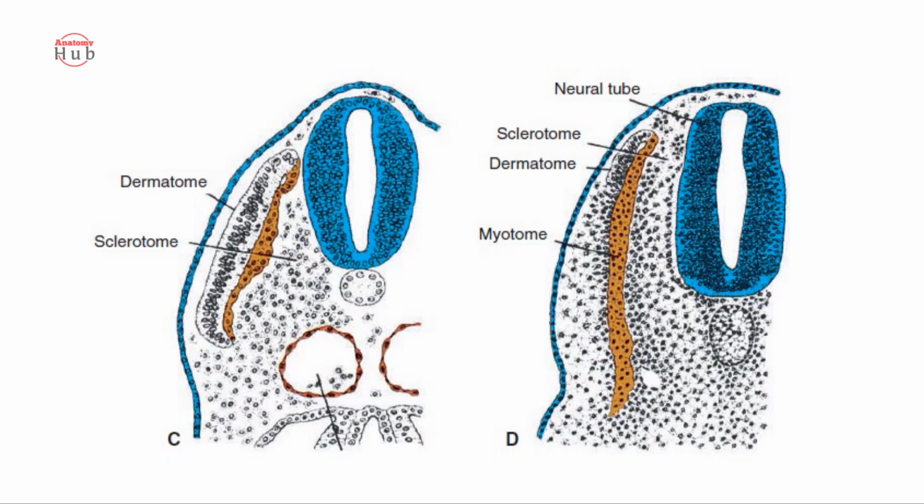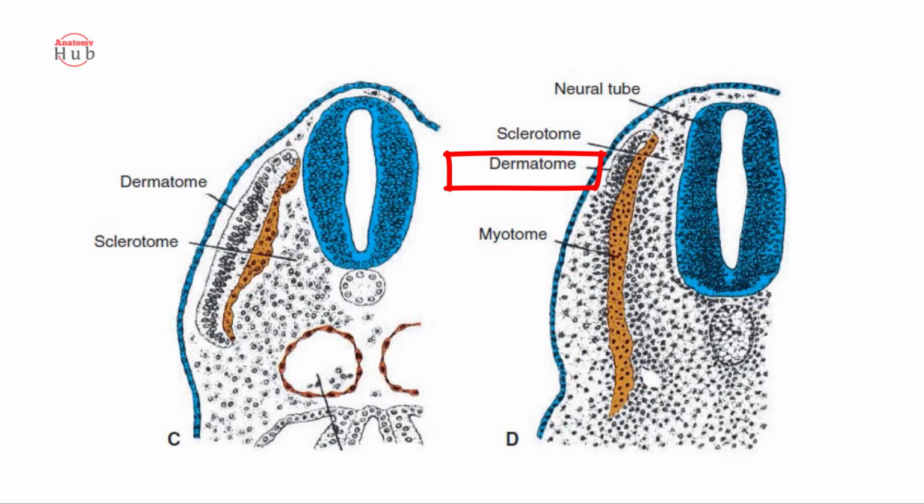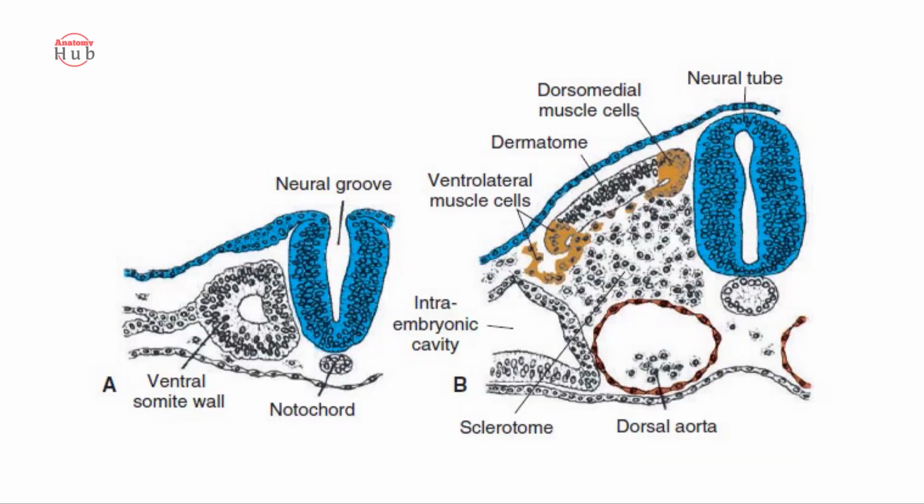The somite presents three elements, that is the sclerotome, myotome, and dermatome. Sclerotome gives rise to skeletal elements, mainly the axial skeleton except the skull. Myotome gives rise to musculature. Dermatome gives rise to the dermis of the skin.